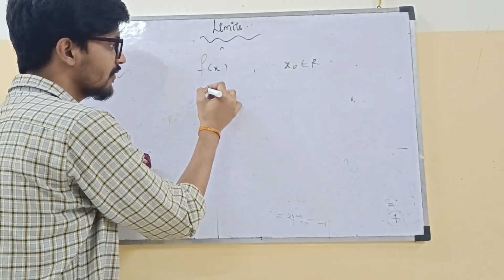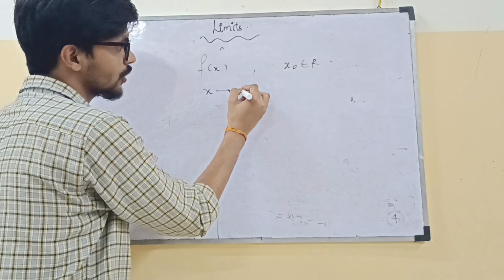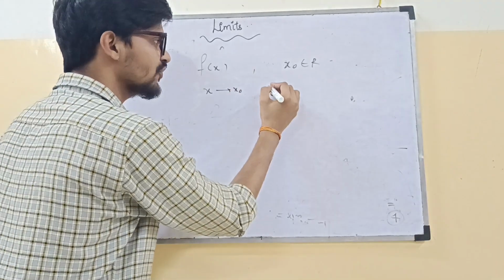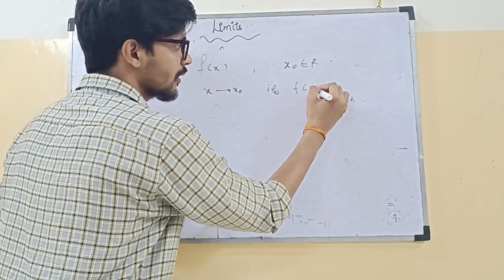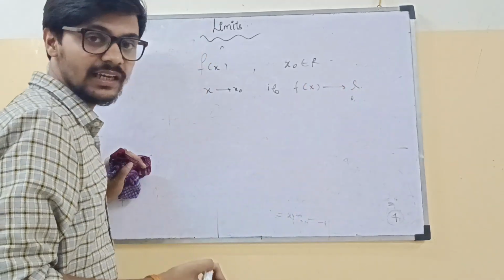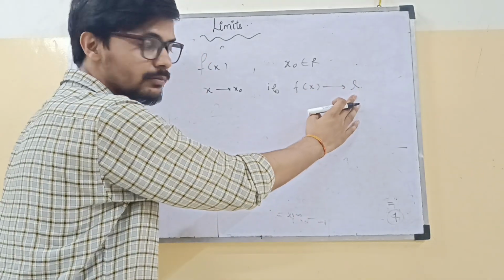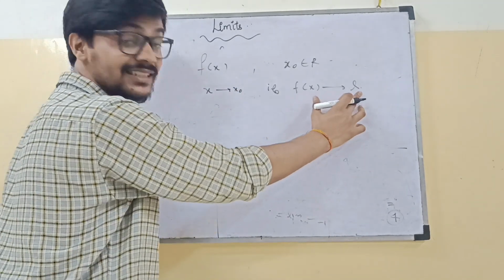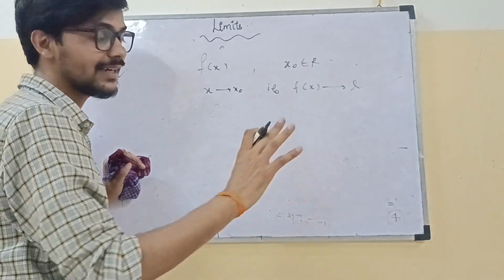So we say, when x is tending to x naught, that means you are going very close to x naught. Then if your function is going very close to some limit L, it could be any definite number, it is not taking the value L, it is just reaching.